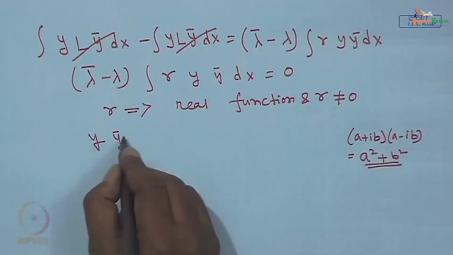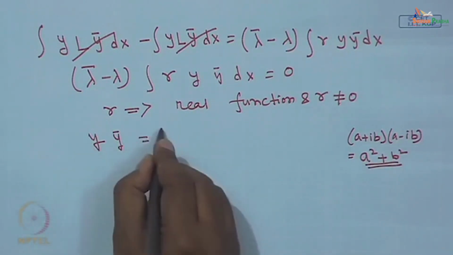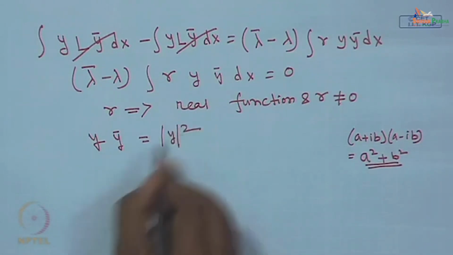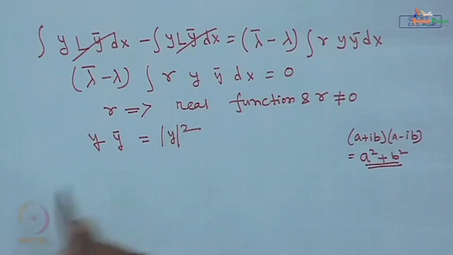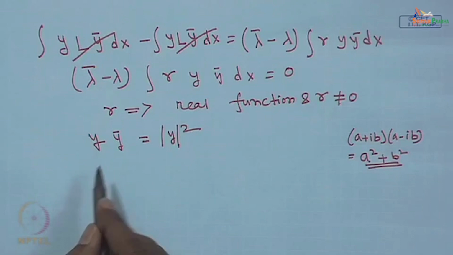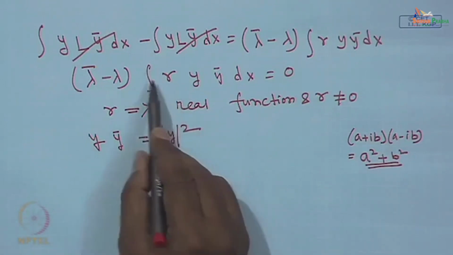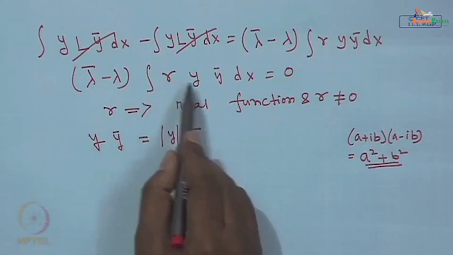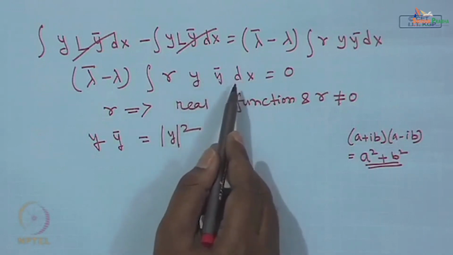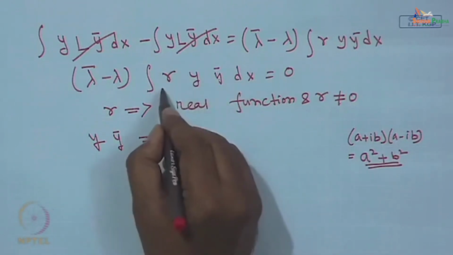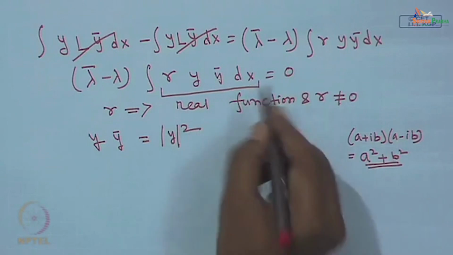Therefore, y multiplied by y bar is nothing but the mod of y squared. What I mean is that the integral of r y y bar dx will always be real and positive.